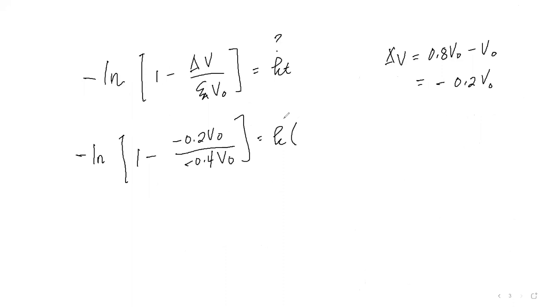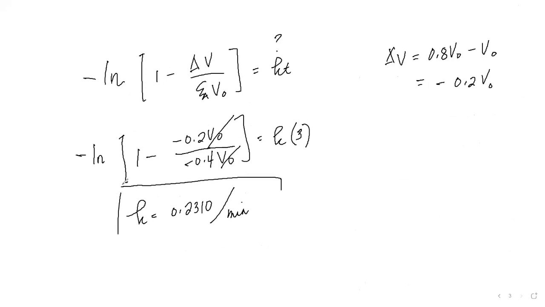And the time given is 3 minutes for the volume to decrease by 20%. So we cancel the V sub O. This gives you a rate constant, which is 0.2310 per minute, because our unit for time is in minutes.